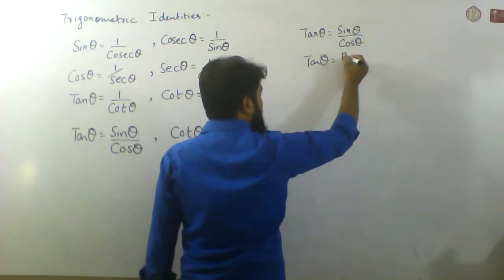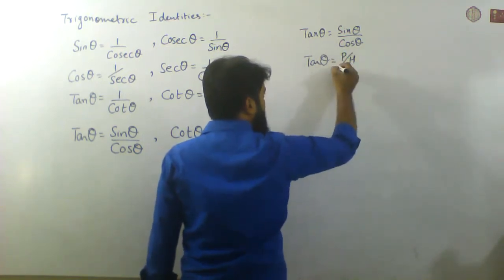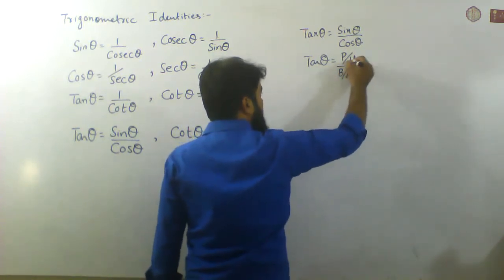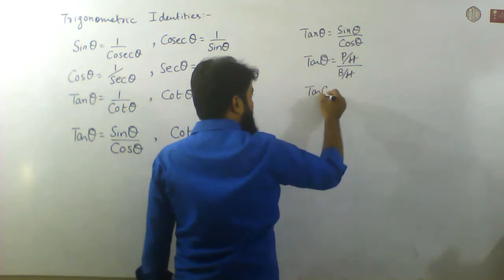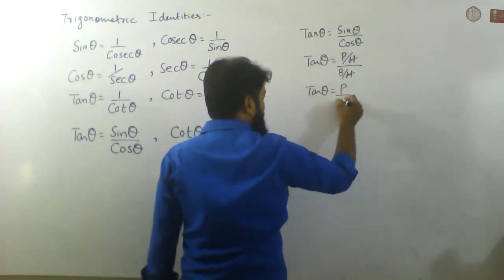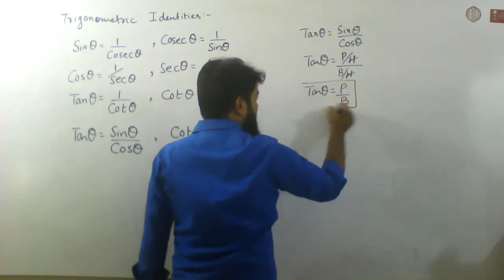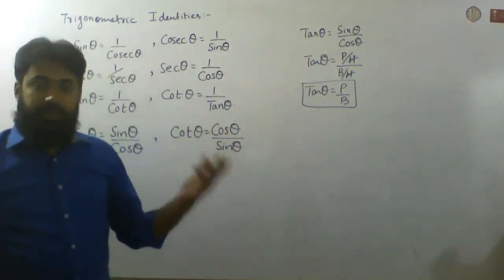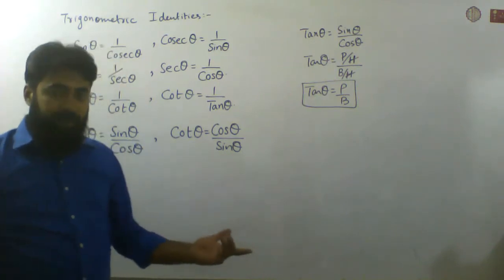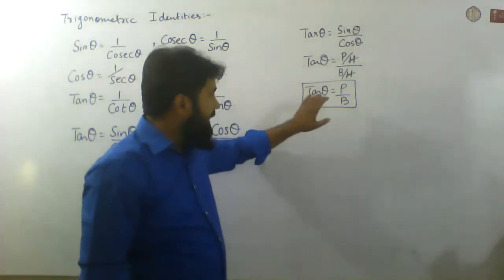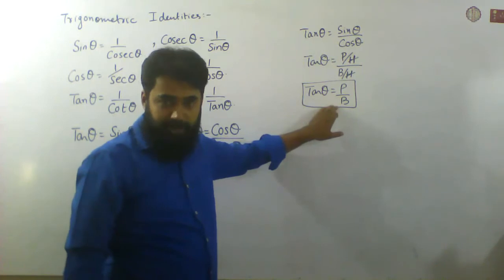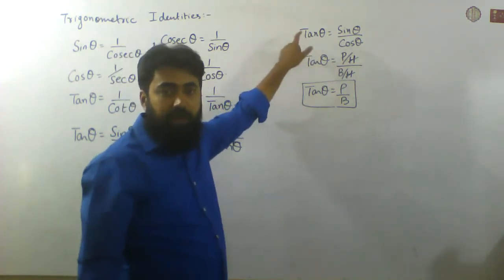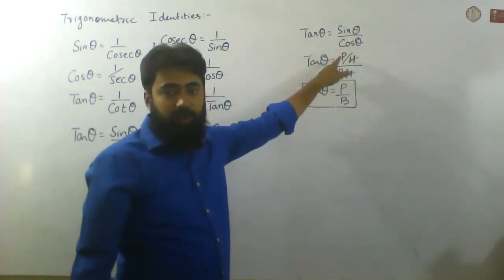Sin theta is perpendicular upon hypotenuse, and cos theta is base upon hypotenuse. Hypotenuse and hypotenuse will be cancelled. So tangent theta equals perpendicular upon base, which is the ratio of sides of a right angle triangle. So tangent theta is perpendicular upon base, that we know, and from here I have derived that tangent theta equals sin theta upon cos theta.